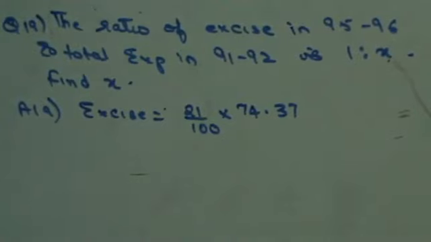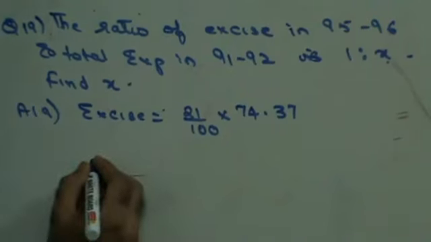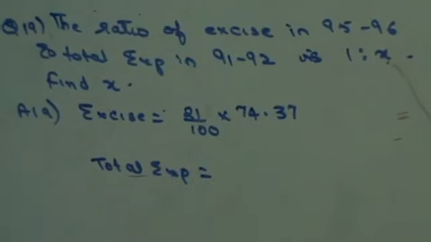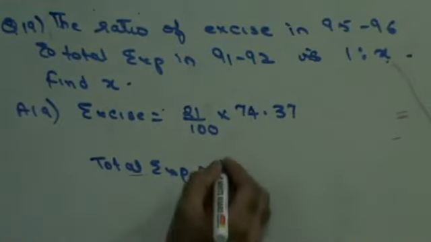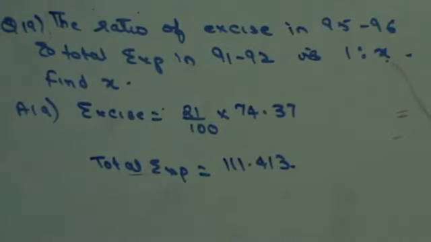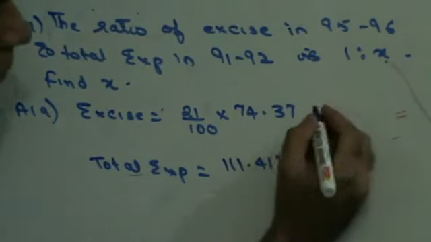That will be my total excise in 95, 96, and total expenditure in 91, 92. Total expenditure in 91, 92 is 111.413. Now, this is going to be 15.61.